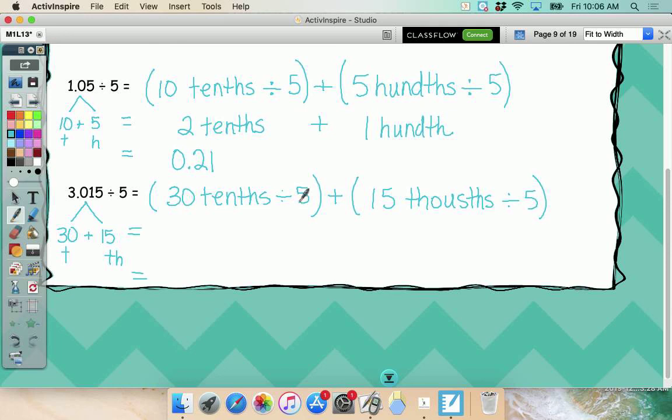So 30 divided by 5 would be 6/10 plus 15 divided by 5 would be 3/1000. So how do I write 6/10? And then I have 3/1000. So my answer is 603 thousandths.